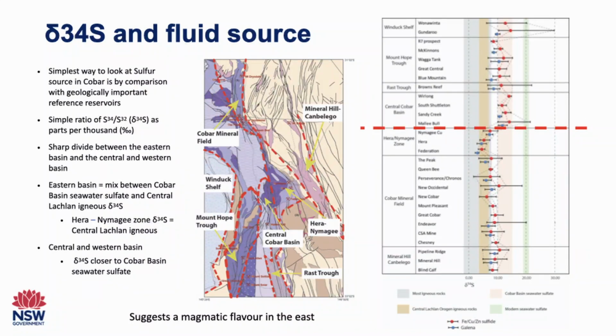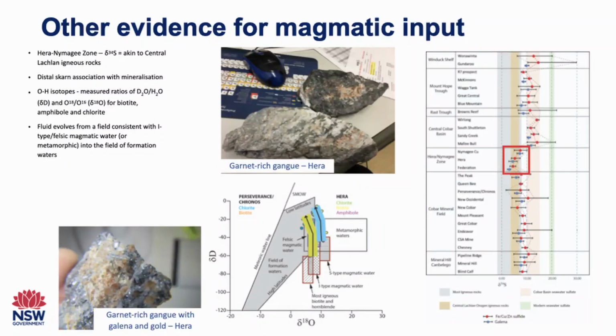And then in the Hieronymus zone, where we see our skarn assemblies, our most igneous looking material, we get straight igneous sulfur signatures. As we head out to the Western Basin, it's all dominated by reduced seawater sulfate. We're not seeing that igneous input into our sulfur source. So there's a fundamental divide going on in sulfur.